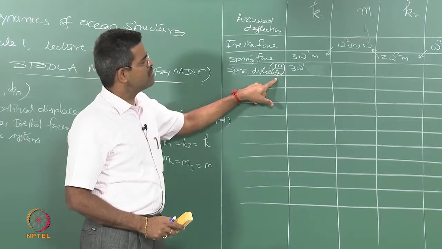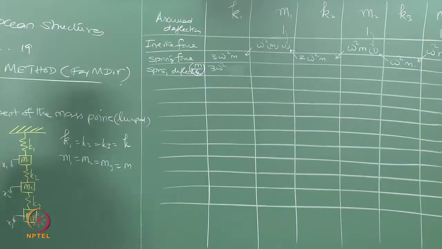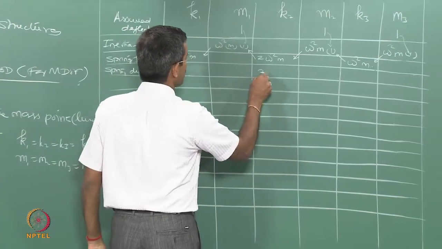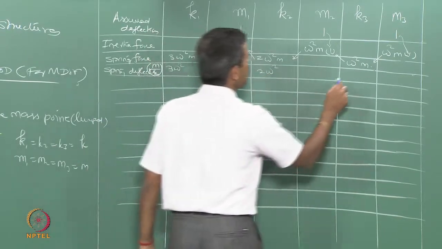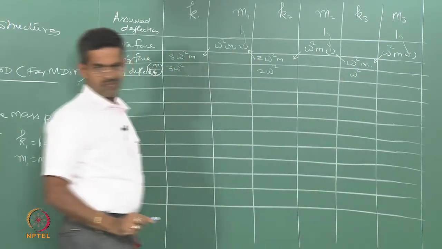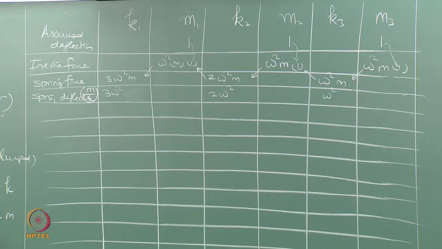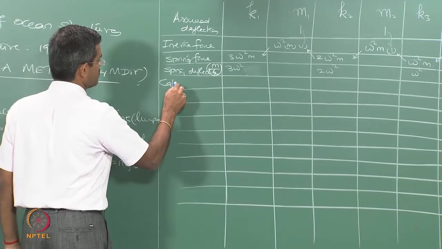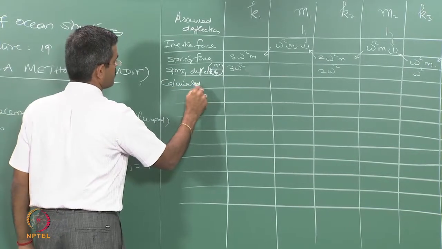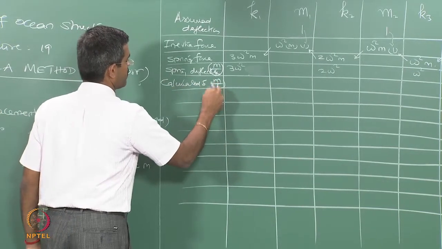So, K has gone out. Similarly, this will be 2 omega square, this will be omega square. M by K has gone out. Now, I want to find the calculated deflection. Let us say M by K is available here.